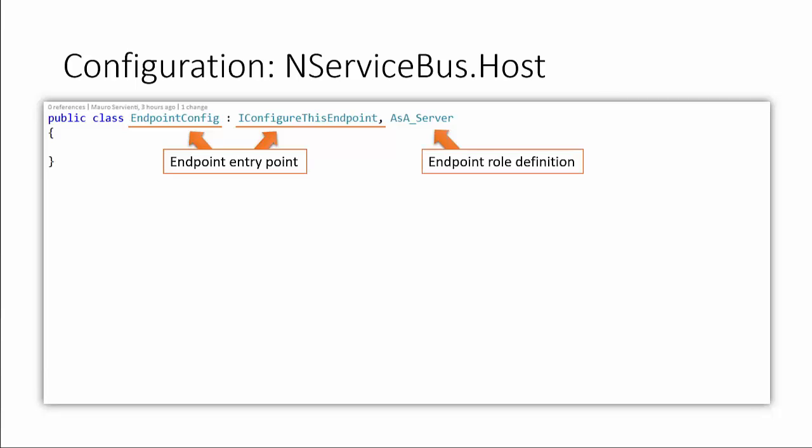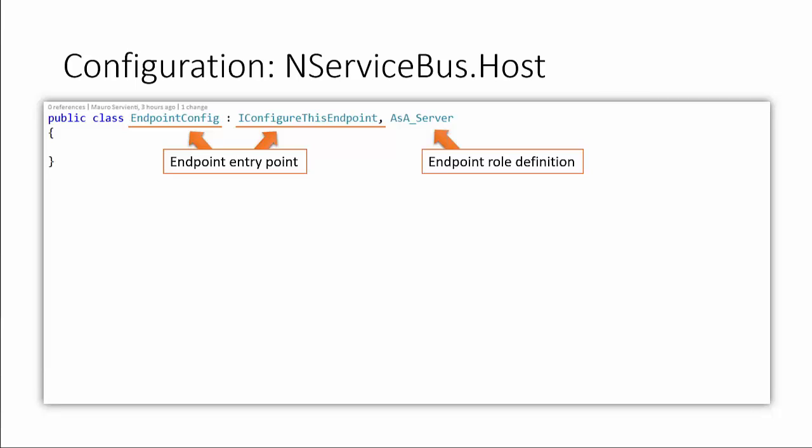The AsA_Server interface, AsA_Publisher interface, or AsA_Client interface defines the role of the endpoint. By default, the role of the endpoint is as a server. That means that the endpoint can receive messages and send messages. And specifically, what a server endpoint in V4 can't do is to publish events.